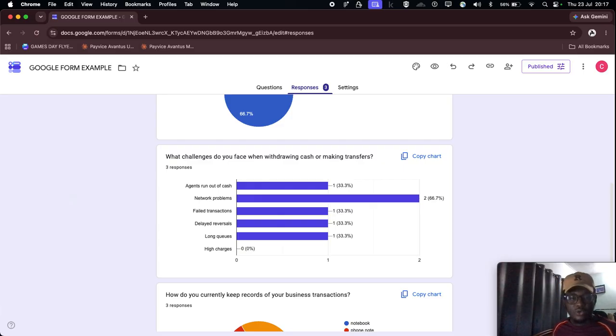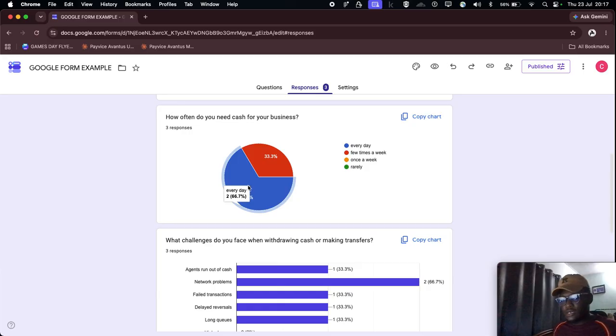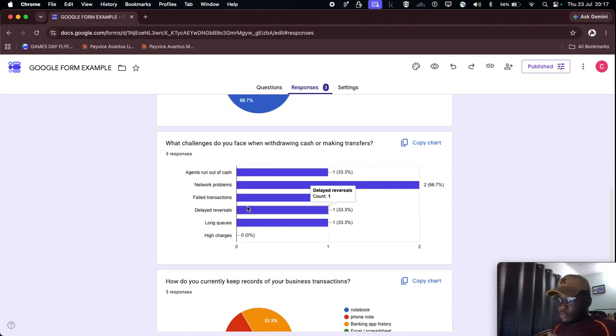So that is what we have been able to get from these responses. We have been able to analyze that most of our users actually have this issue. Most of our users need cash for their businesses every day. Most of our users have network problems when they are withdrawing cash or making transfers. We have been able to note that down.